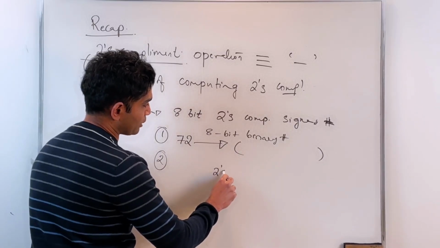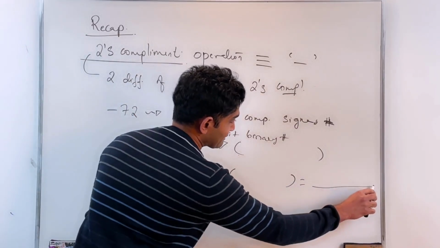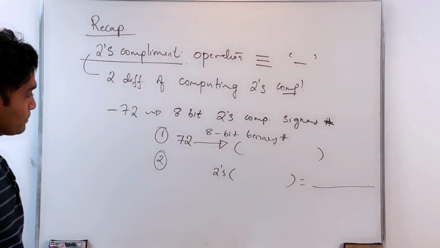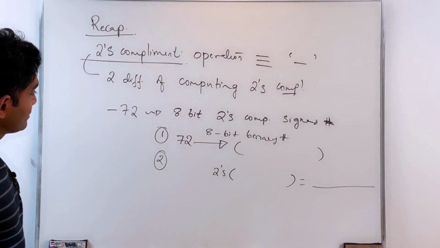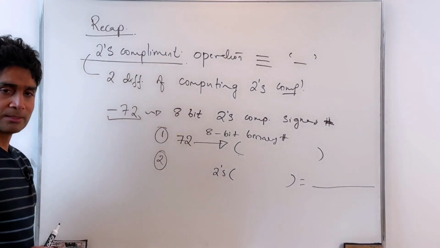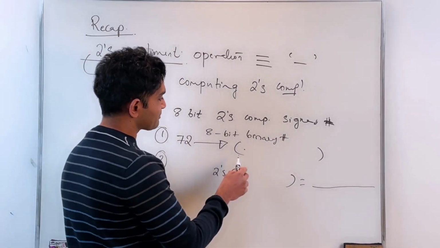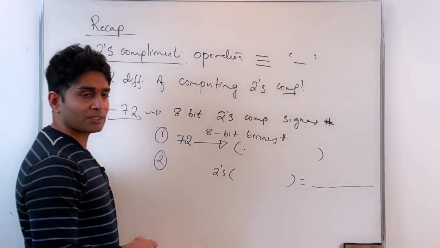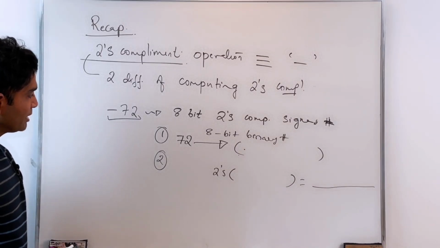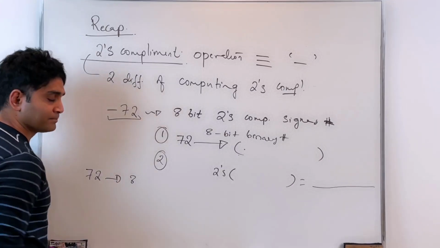I take the two's complement of this particular number, and I get the negative equivalent, negative 72. Taking the two's complement of this number is basically making it negative. So that's how I would get it. It's a two-step approach. If I want to express 72 as an 8-bit signed number, how do I do this?